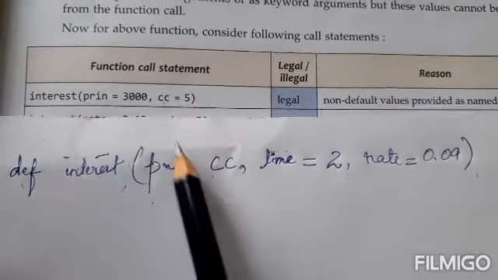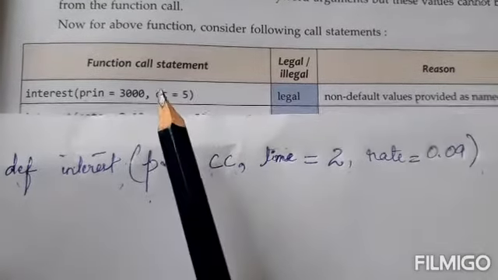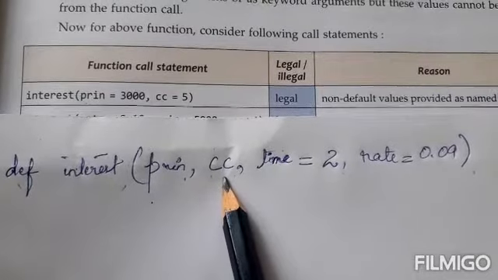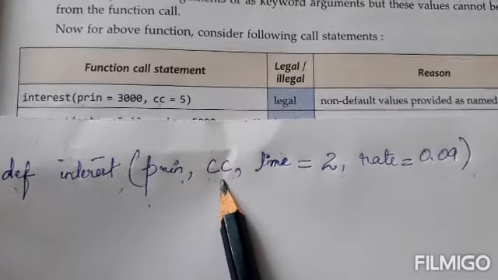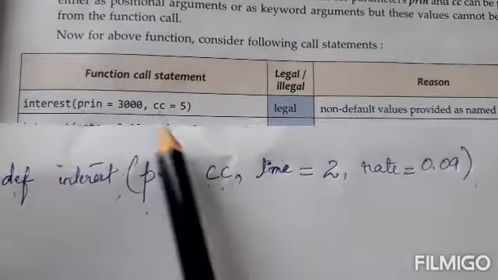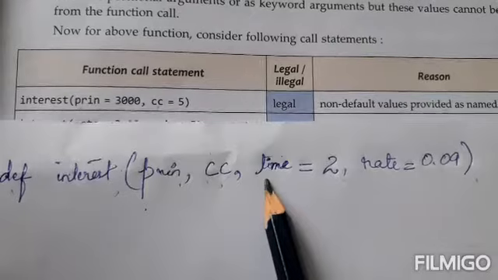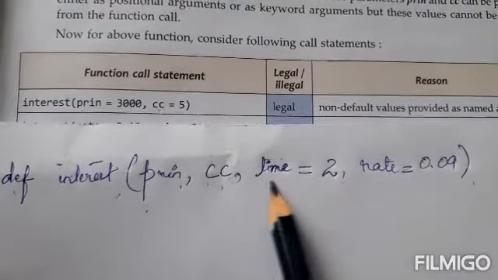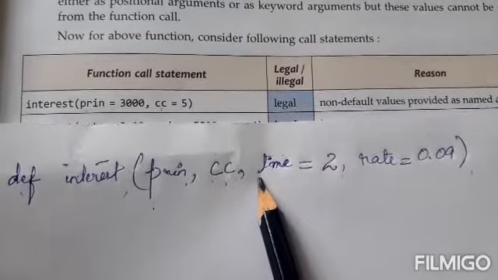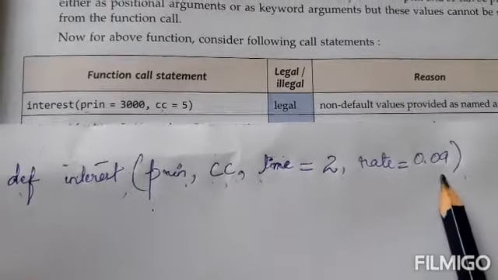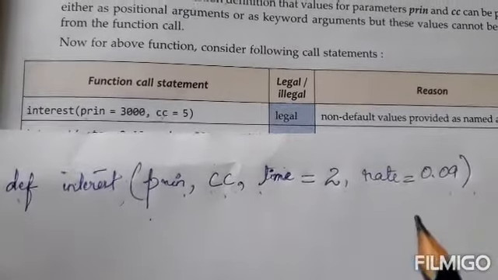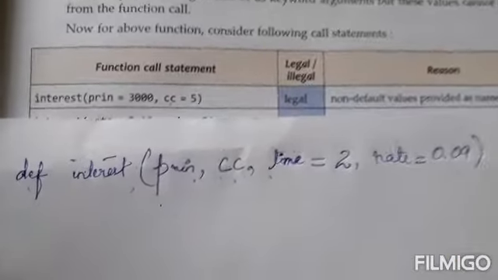So the PRIN value will be assigned 3000, and CC equal to 5 will be assigned to this. Okay, this here acts as which type of argument? It acts as a keyword argument, where two values will be passed and follow the same order, whereas the extra value is assigned only in the function definition. It is not available in the function call, only in the function definition. Fine. So it behaves like that where you pass the keyword argument. Okay. Second one.